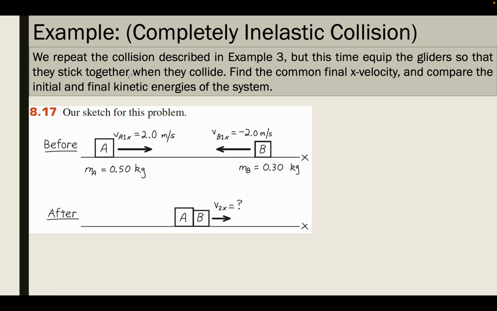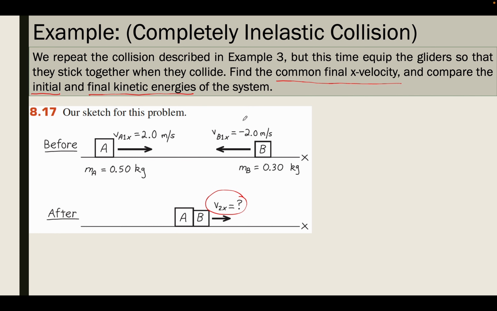Let's say, for example, we put Velcro on these two bodies so that after the collision they stick together and move together as one. Now find the common final x velocity, which is our v2x, and then compare the initial and final kinetic energies of the system.